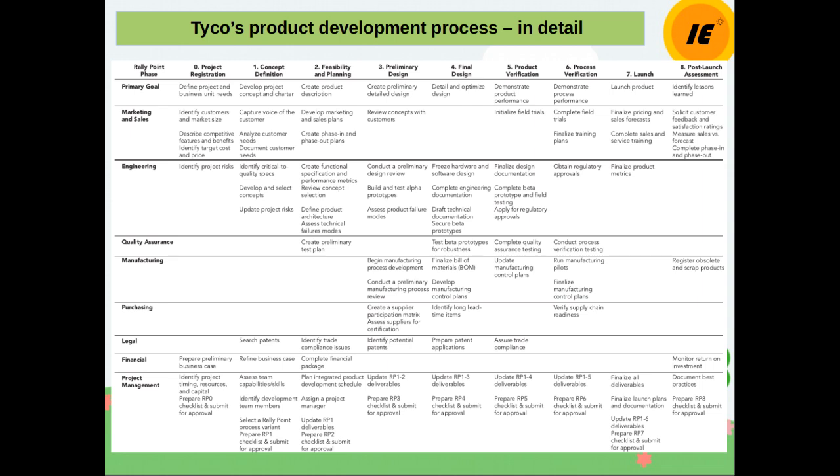Okay, so feasibility and planning. The primary goal will be to create the product description. Marketing and sales here again will come back and develop the marketing and sales plan, and create phase in and phase out plans.